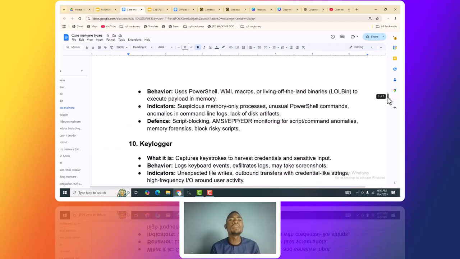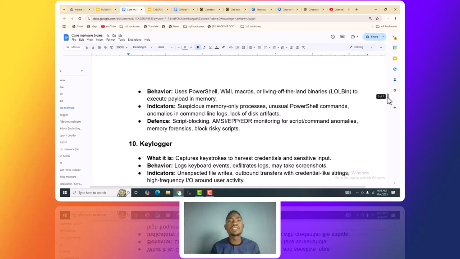Some of the behavior is using PowerShell or even system macros or living-off-the-land binaries of the system to execute the payload in the memory itself, not on the storage devices, but in memory.